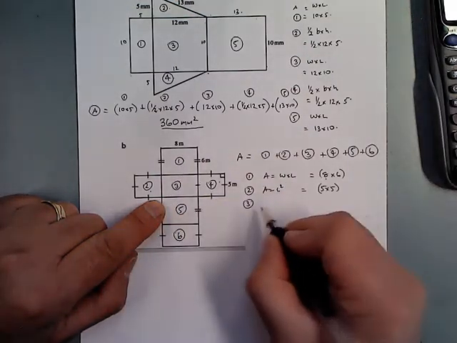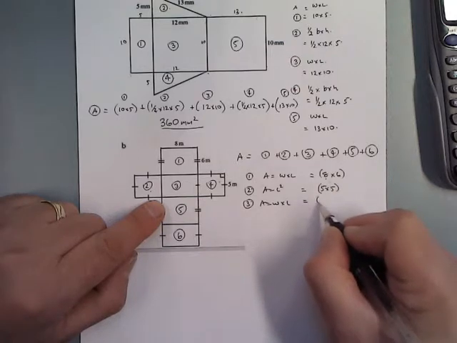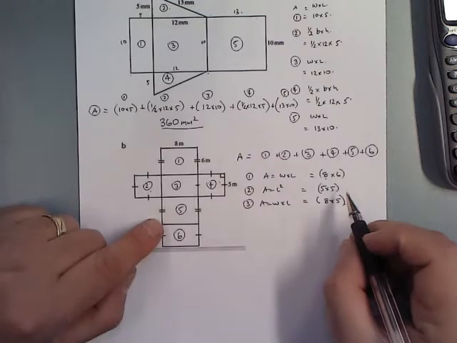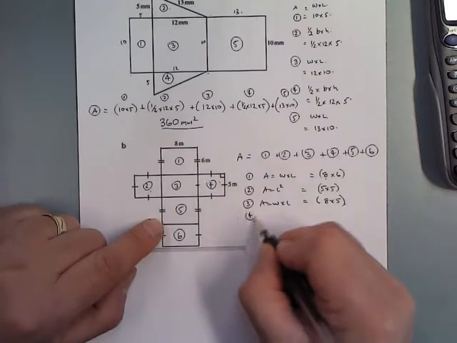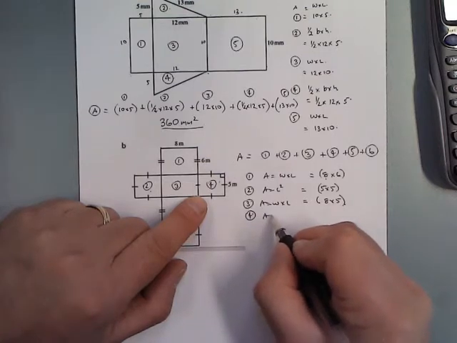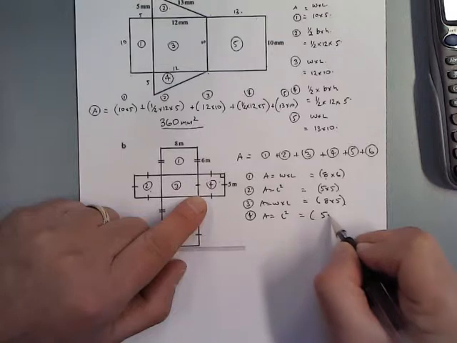So the area of that will be a rectangle, W times L, which is 8 times 5. Area 4 is another square the same as 2, so the area of that one will be L squared, which is 5 times 5, or 5 squared.